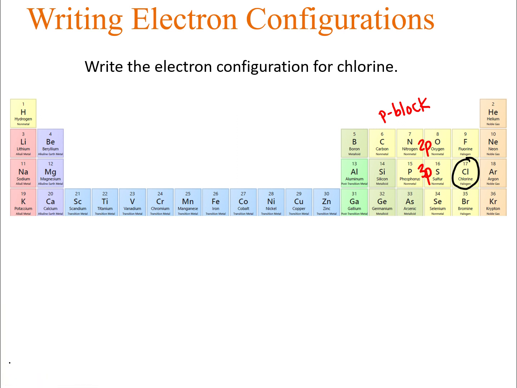I'm going to fill in the other parts of the periodic table so that you can see how you can walk through it. Trying to stick with my color coding here.